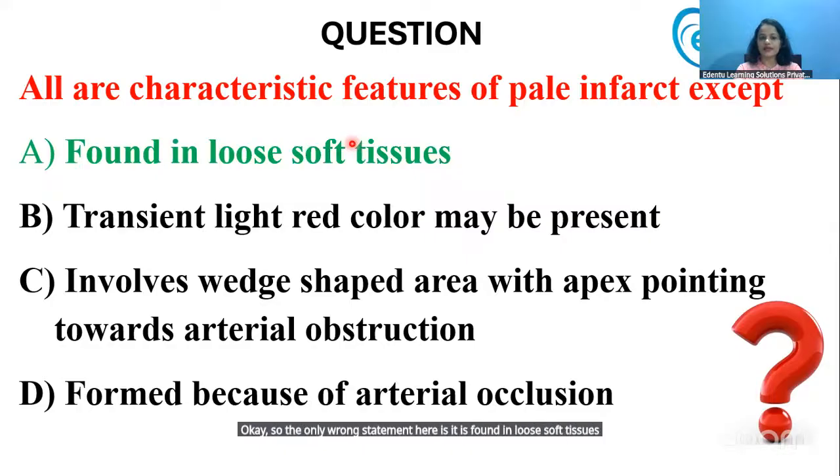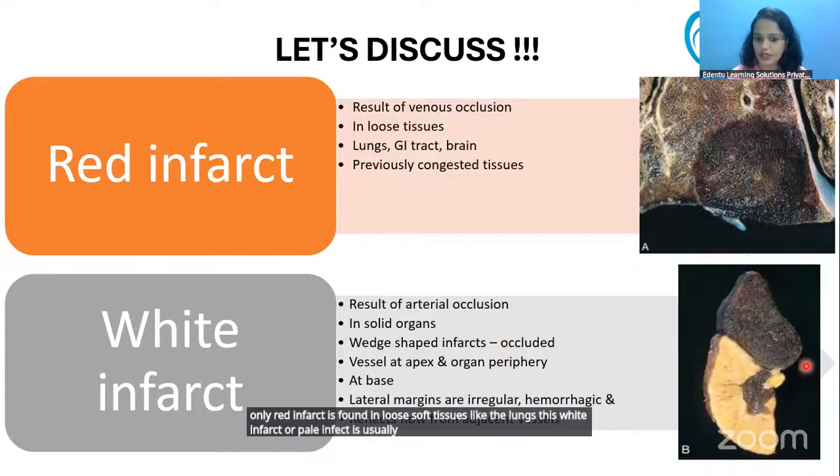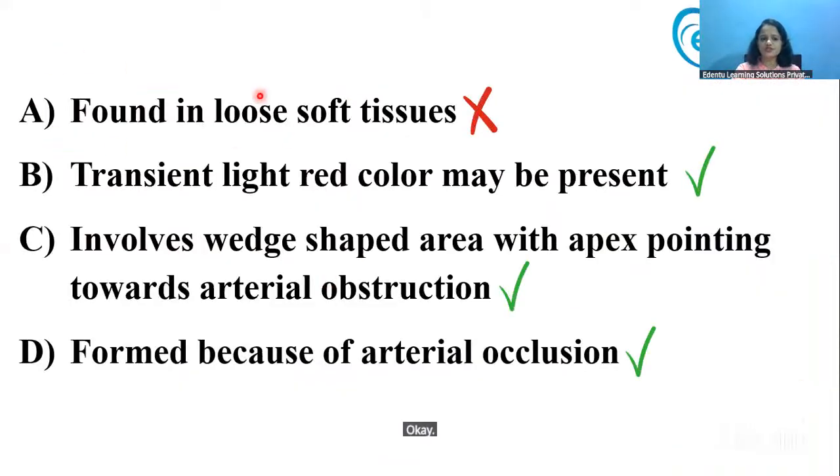No, only red infarct is found in loose soft tissues like the lungs. This white infarct or pale infarct is usually found in solid organs, like heart, spleen, kidney and all. Yes, it is present in solid organs. So the one which is wrong is it is found in loose soft tissues.